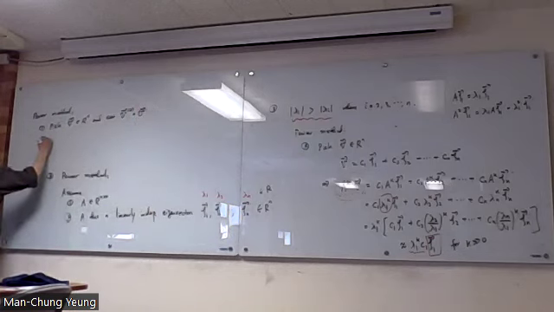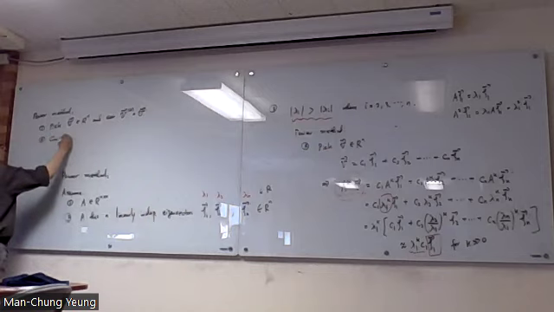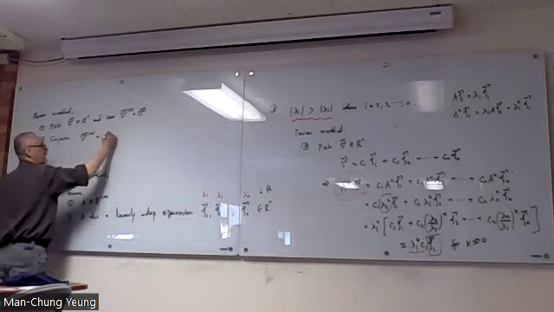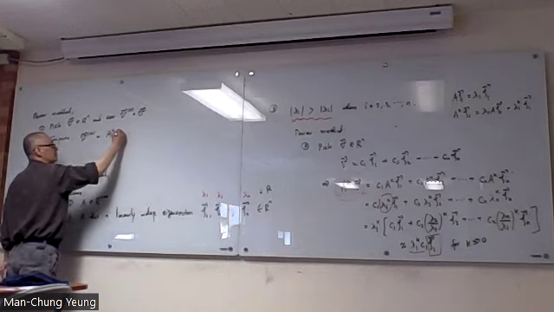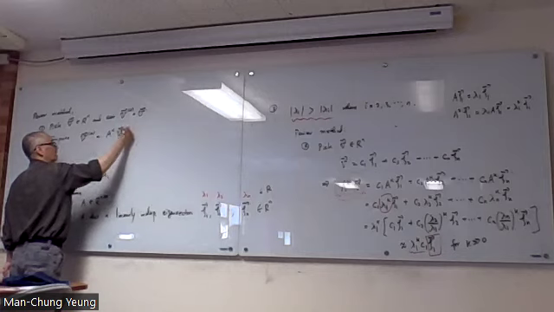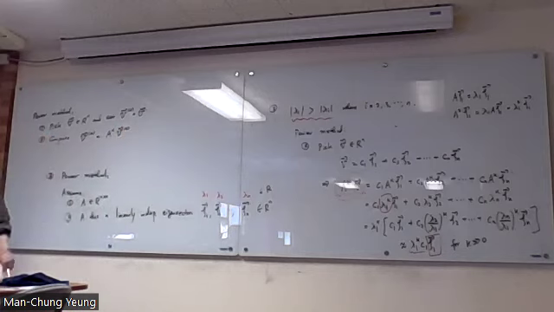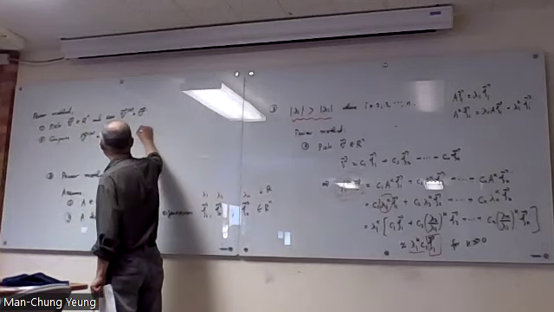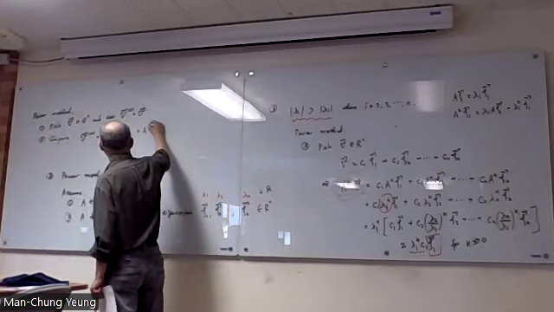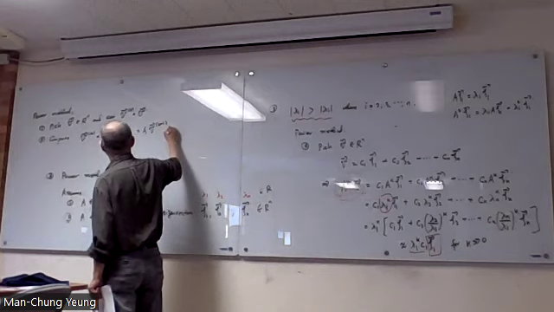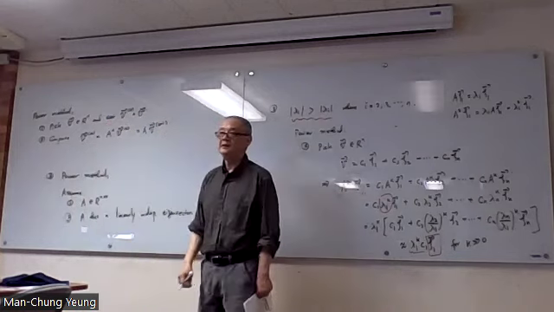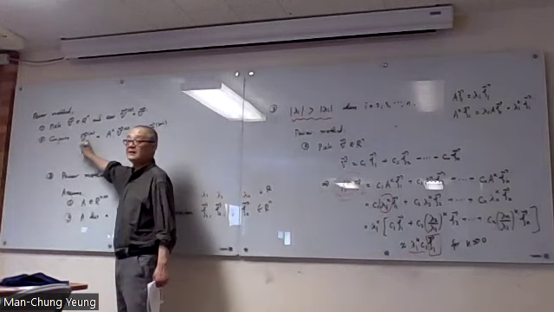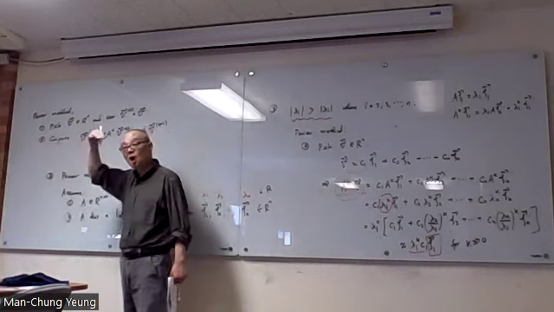Step 2, compute Vk. What is Vk? Vk is A^k times V0, which is A times V(k-1). So when k is large, this is the dominant eigenvector.